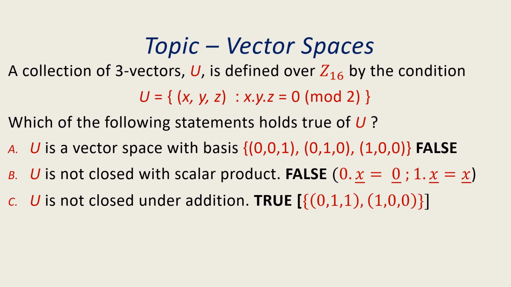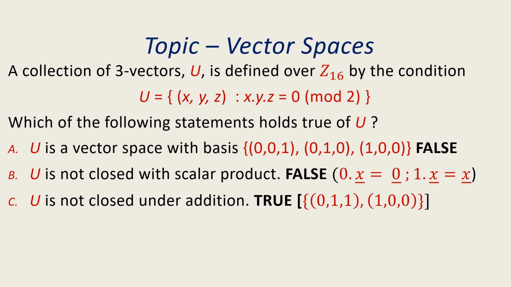It is also the case that that collection is not closed under addition. How do we see that? Well, the vector 0, 1, 1 and the vector 1, 0, 0 are in this collection U. Multiply 0 by 1, we get 0.